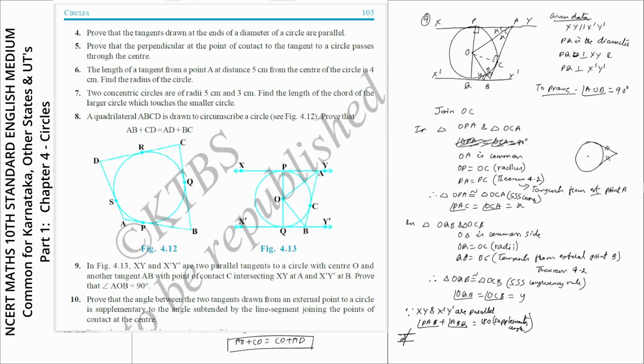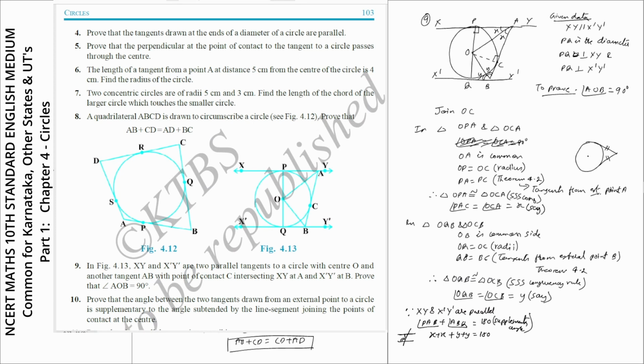So what is PAB? Angle PAB is equal to PAO plus OAC, that is x plus x. See the figure. So x plus x is angle PAB, plus what is ABQ? ABQ is y plus y. So y plus y is equal to 180 degrees. I already took PAC as x, and this I have taken as y.